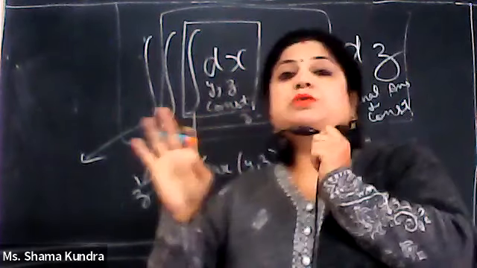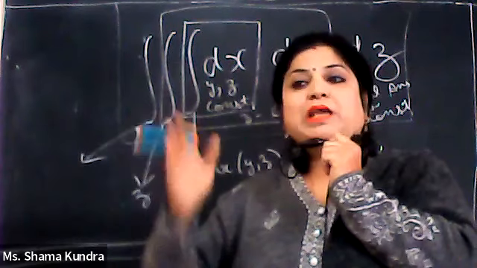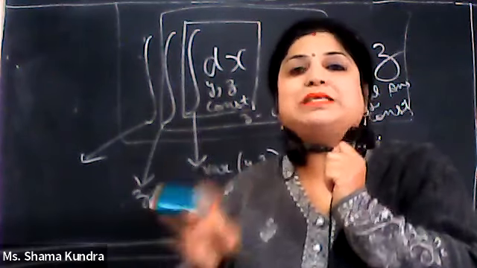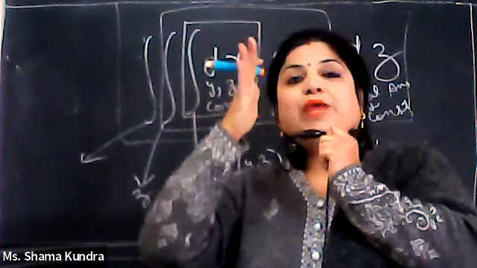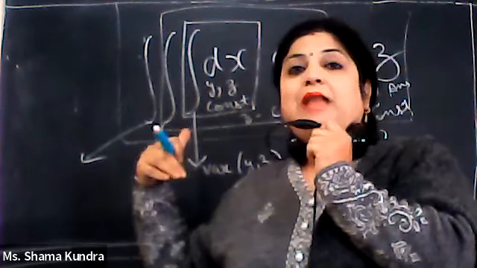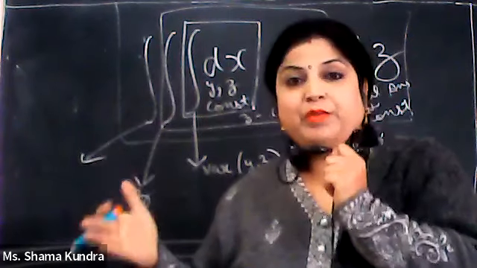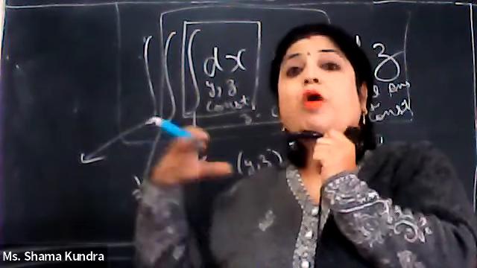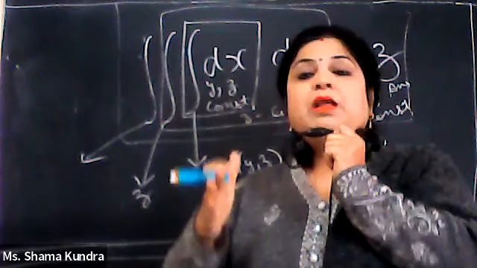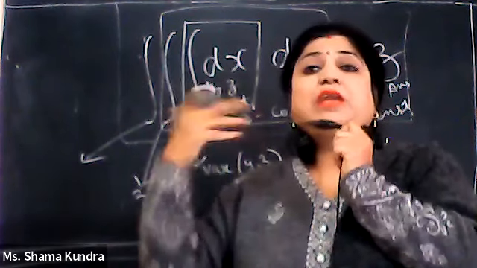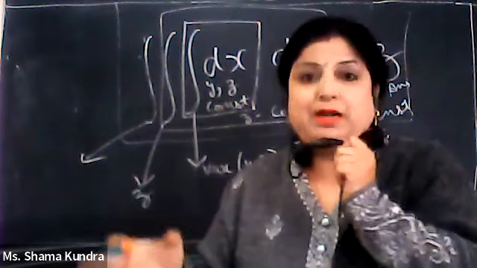If suppose all three variables dx, dy, dz have constant limits, then what to do? We can write this triple integral as a product of three single integrals. Similarly, a double integral can be written as a product of two integrals, as the limits are independent.